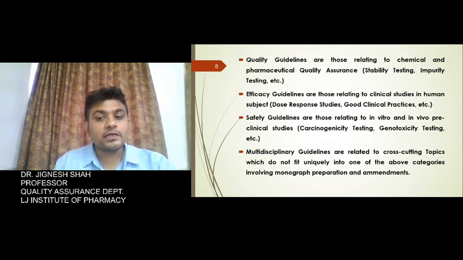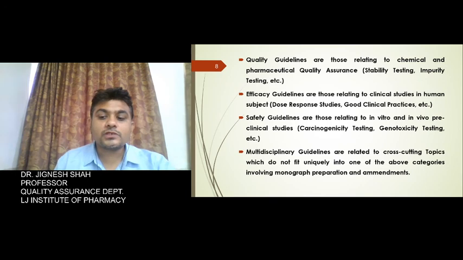Also, they give details about carcinogenicity testing and genotoxicity testing of the drug products, and in that way, the safety of the drug is determined by these guidelines. So, if we want information about how the safety evaluation of a new drug should be done, then this guideline provides very important information about safety evaluation of a drug by performing trials on animal subjects.